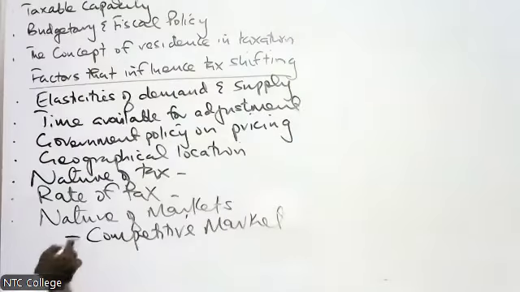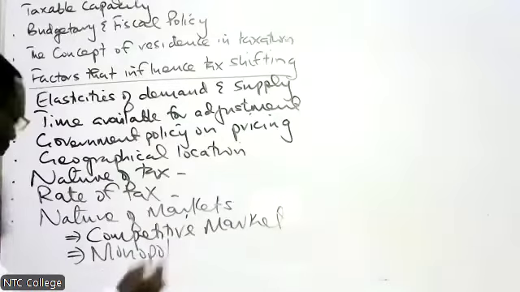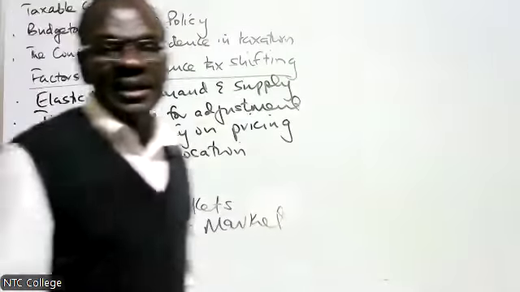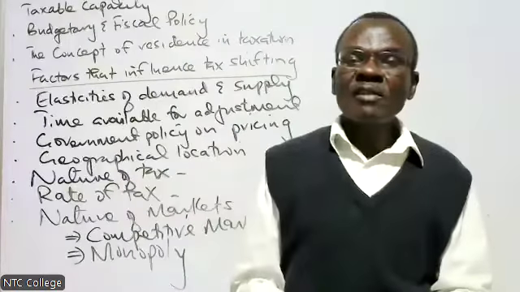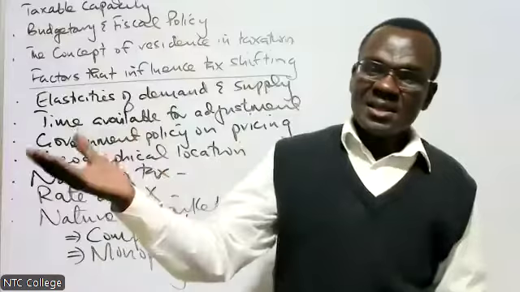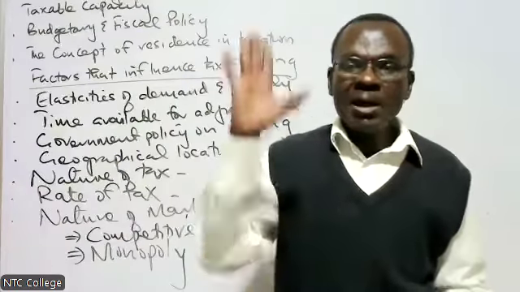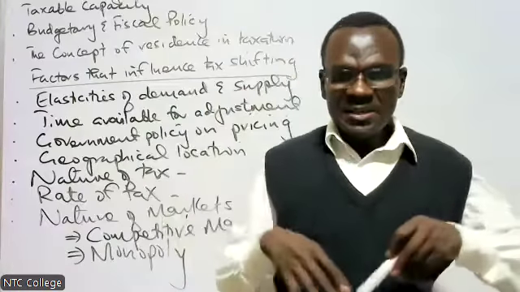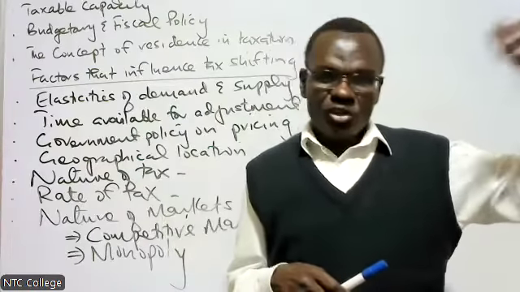Then another extreme market, probably, we can look at is called monopoly. A monopoly market is a market where there's only one producer of a commodity, like KPLC is the only one. It's not the only one that produces power, but it's the only one that the law, for the moment, allows to sell the power to the consumers.